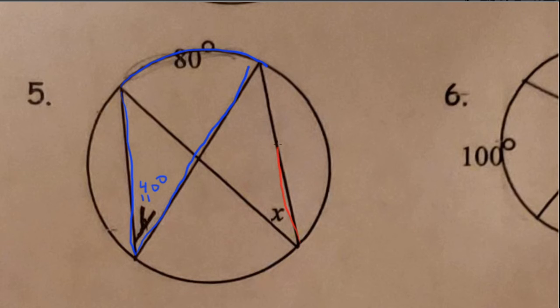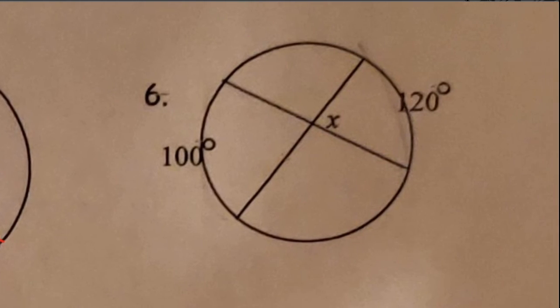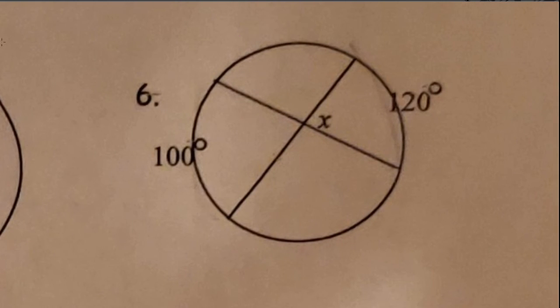X is going to share the same arc, so this is going to also share 80, so this also has to be 40 degrees. For 6, x is going to be the average of 120 and 100. So I'm going to add those two up, divided by 2. 120 plus 100 is 220, and that will just be 110. So x is 110 degrees.